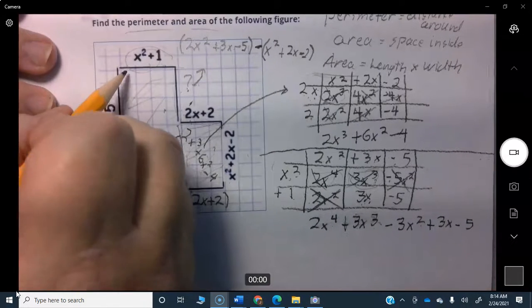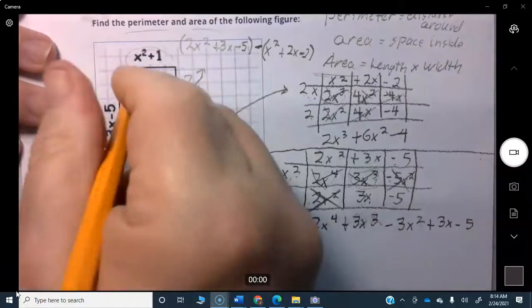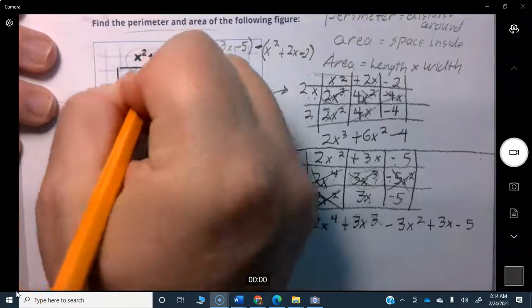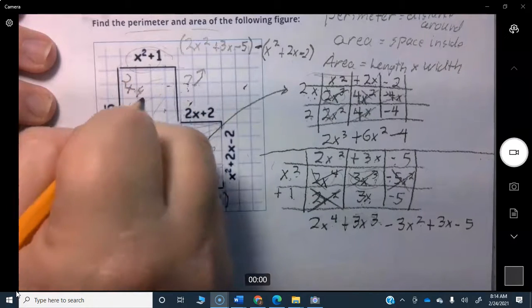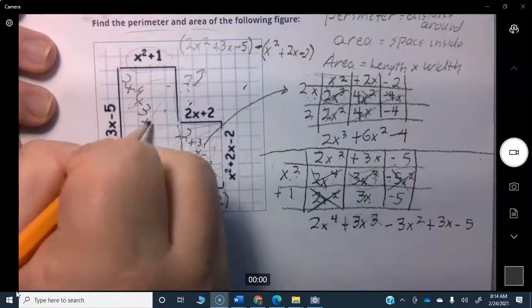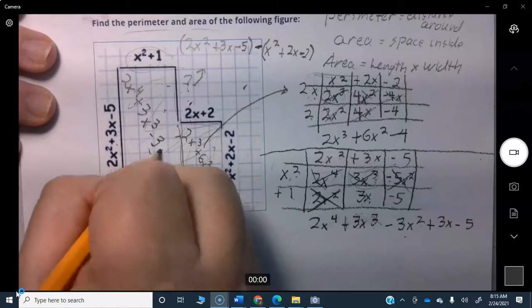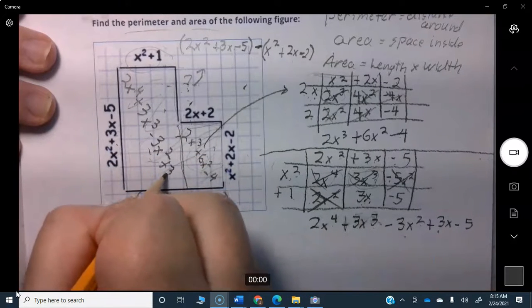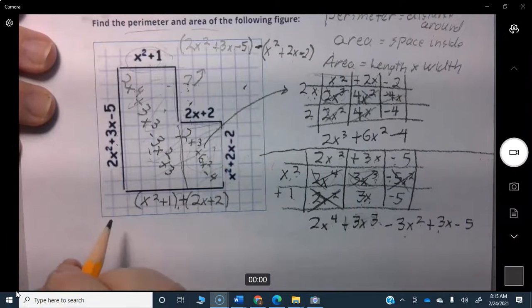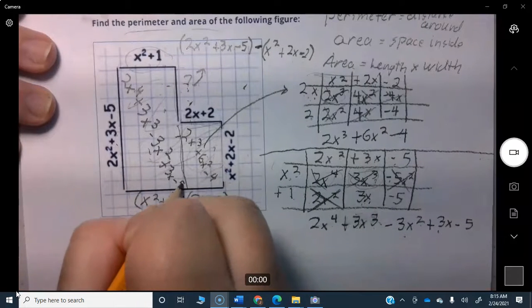Okay, so that is this area: 2x to the 4th plus 3x to the 3rd minus 3x squared plus 3x minus 5.